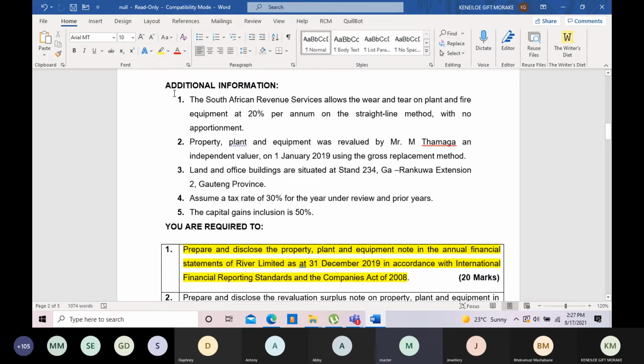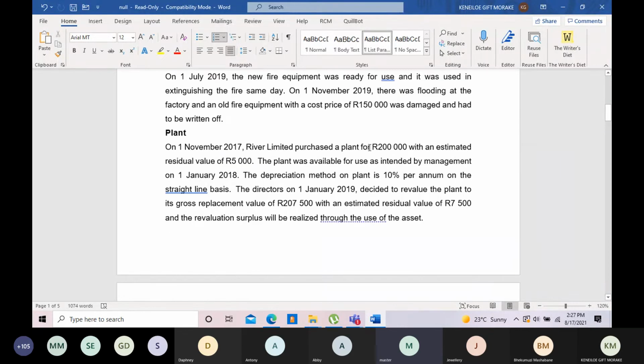It says the South African Revenue Services allows wear and tear on PPE, on plant and equipment at 20% per annum on a straight line method with no apportionment, meaning you don't take into account the number of months. You take the cost price of the plant.